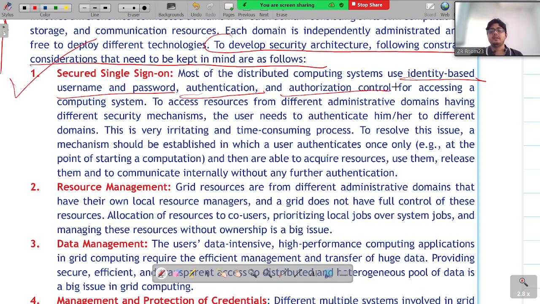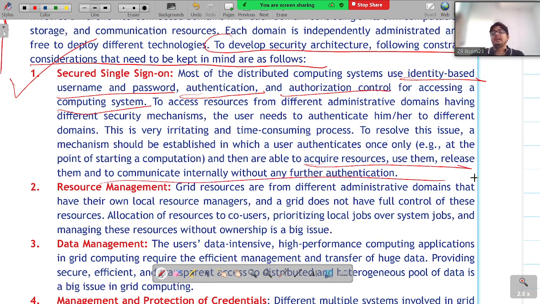Authorization means taking permission for accessing a computing system. To access resources from different domains having different security mechanisms, the user needs to identify himself to different domains. This is a very irritating and time consuming process. To resolve this, a mechanism should be established in which a user authenticates once and is capable of acquiring resources and releasing them when required.